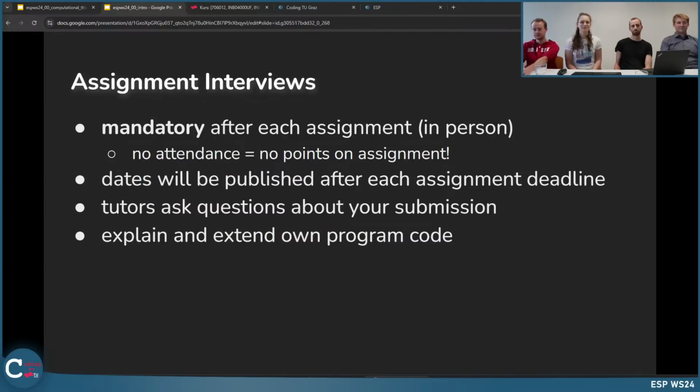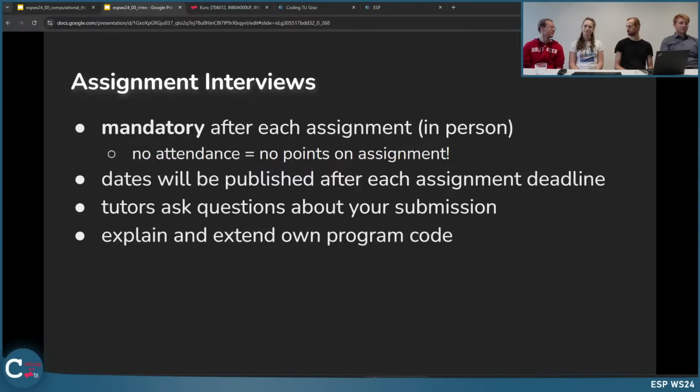Okay, so the assignment interviews, as I already said, are mandatory, so you have to attend them, and if you don't, then you also won't get any points for the assignments, because we need to check if you really did this assignment. The dates for these assignment interviews will be published after each assignment deadline in the TeachCenter, and in the assignment interview you will be asked questions about your code, and then maybe also explain something about your code or extend it with some example we prepared.